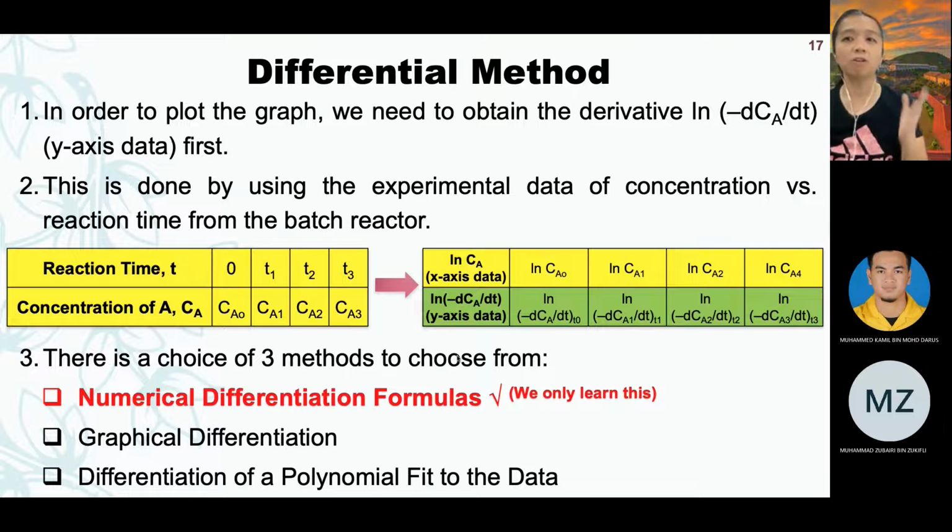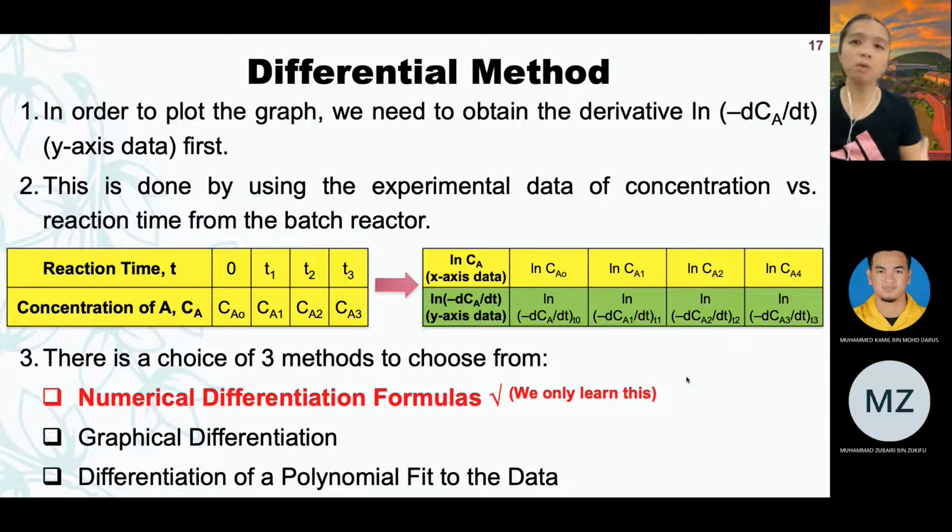But don't forget, my graph requires ln minus dCA per dt. Means from the formula you calculate, you have to negate the value and then subsequently you ln the value. So for example, let's say you get dCA per dt from the formula as 5. So you have to negate the value, negative 5, and then you ln the value, ln negative 5. Only then do you get ln minus dCA per dt.